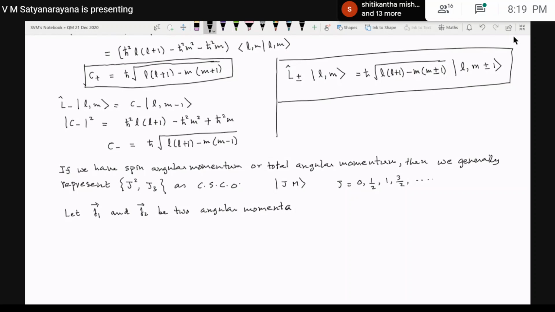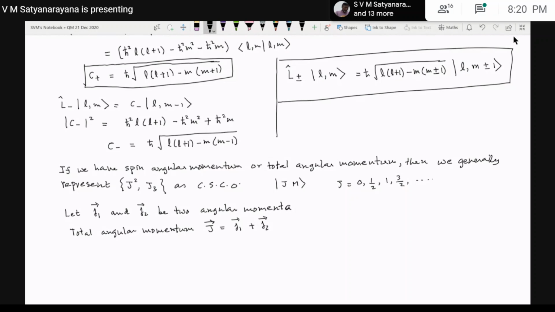So let J1 and J2 be two angular momenta. Then the total angular momentum, which I will call capital J, is the vector sum of J1 and J2: J1 vector plus J2 vector. I don't want you to get confused with components. These are not components.